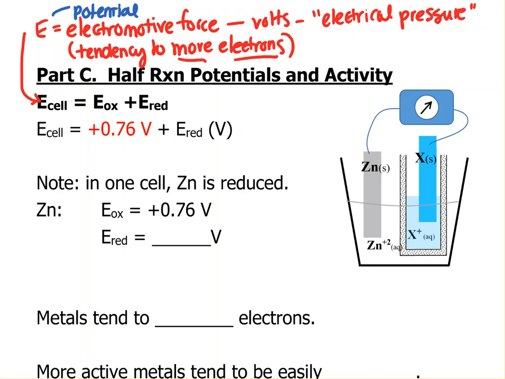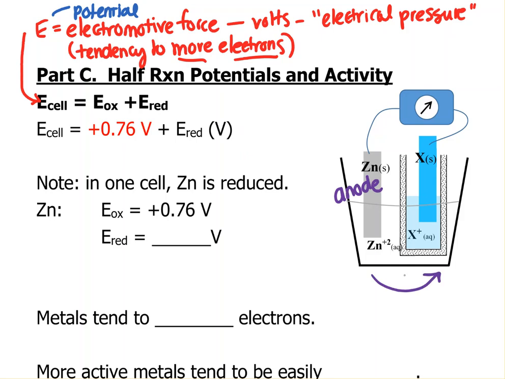On our setup here, we're going to use zinc as one of our half cell reactions, and I have X here because we're going to switch this out. We're going to put different metals here with their solution and read the voltmeter on each one. In most of them, zinc will be the anode.